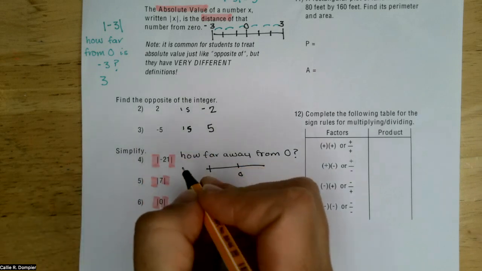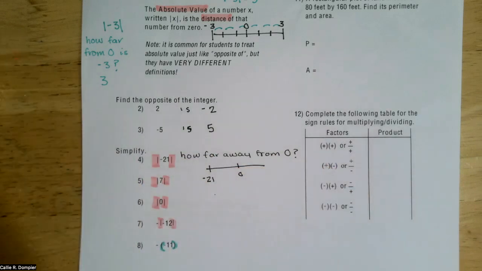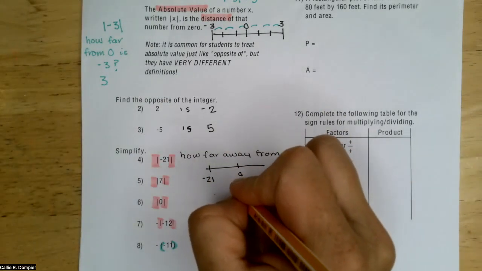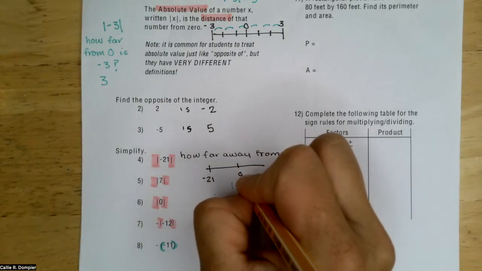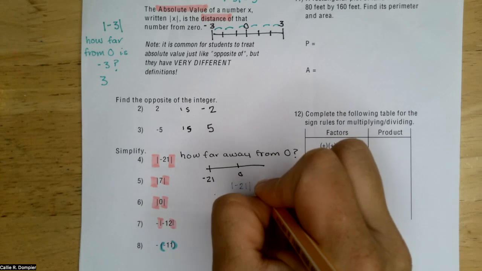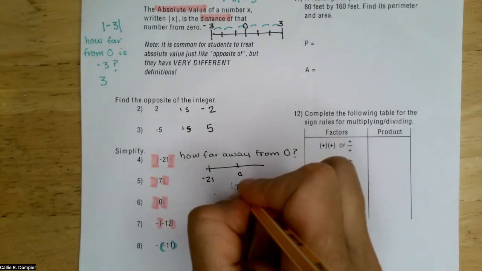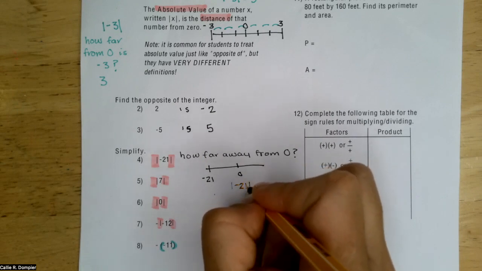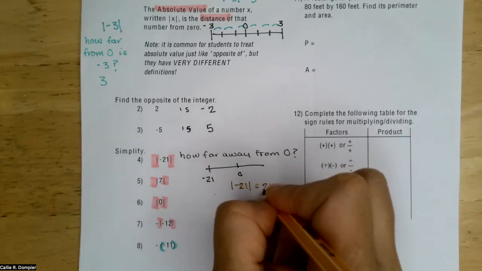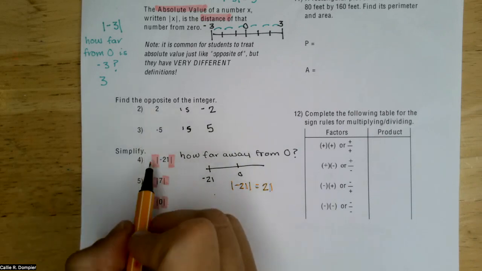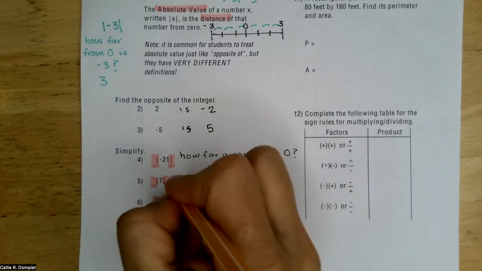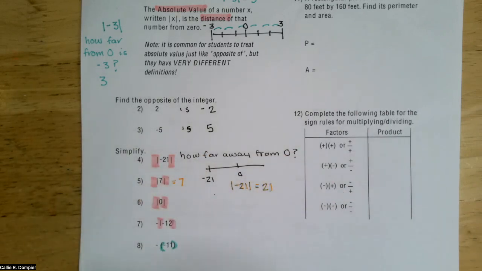So the absolute value of -21 is 21 units. Okay, it's not just the opposite. It's a terrible pen. 21 units from 0. The absolute value of 7, how far is 7 away from 0? 7 units.